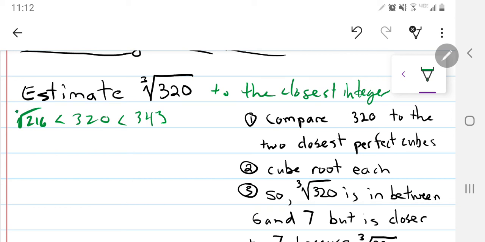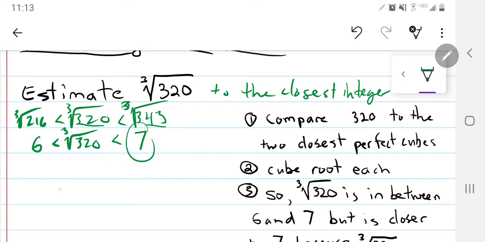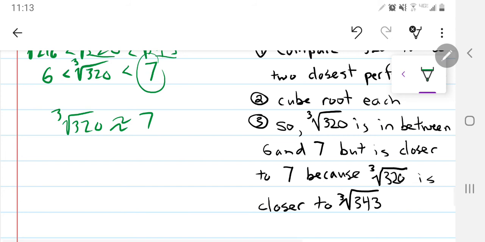And so cube root, cube root, cube root. Okay, we got 6. I'm running out of steam here, guys. And that is 7. And we know that the 320 is closer to 343, so the 7's our winner. So the cube root of 320 is approximately 7, although it's really 6 point something, something, something.